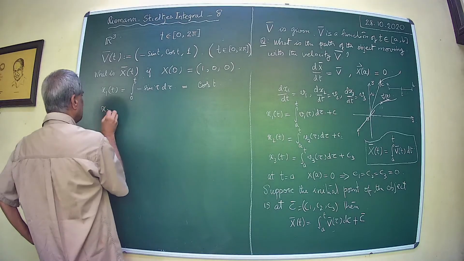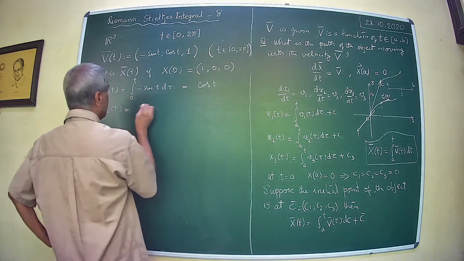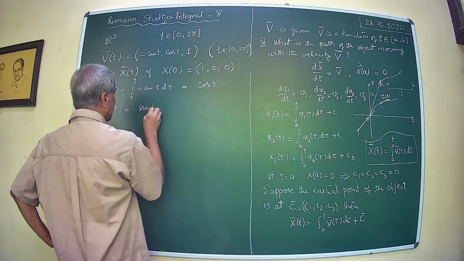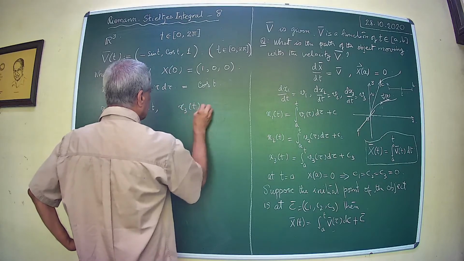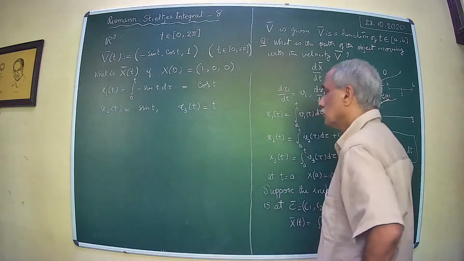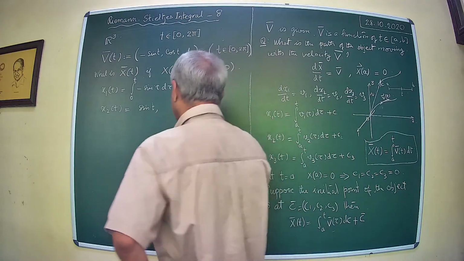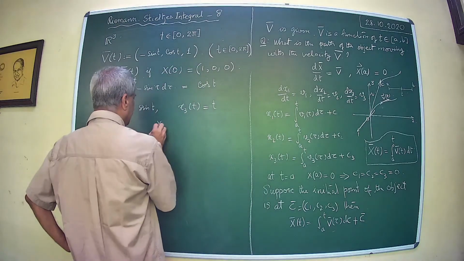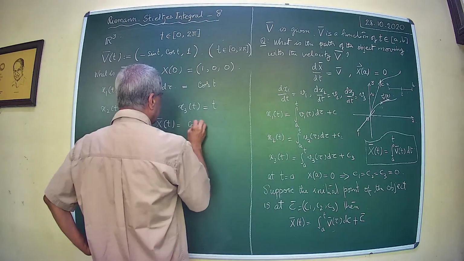Similarly, x2(t) equal to sin t and x3(t) equal to t. What exactly is this path? So the path that you have is (cos t, sin t, t).